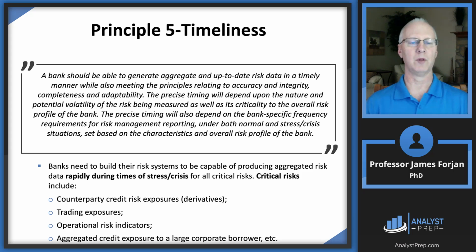So notice that bullet point there, rapidly during times of stress or crisis. Critical risks include things like trading exposures or operational risk indicators or aggregate credit exposures. But my favorite is the credit exposure in derivative contracts. Go back to one of my favorite movies of all time. I'm hoping you guys have seen Trading Places. So what happens at the end of that movie?